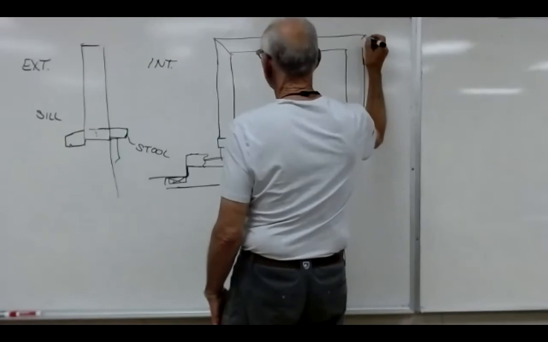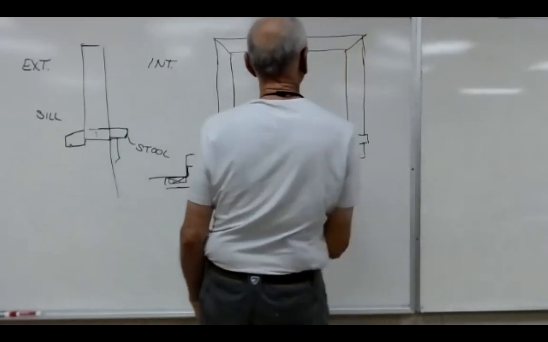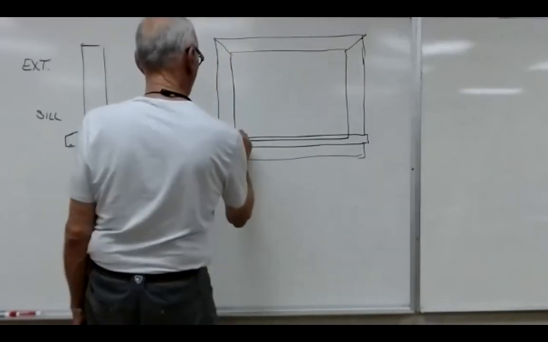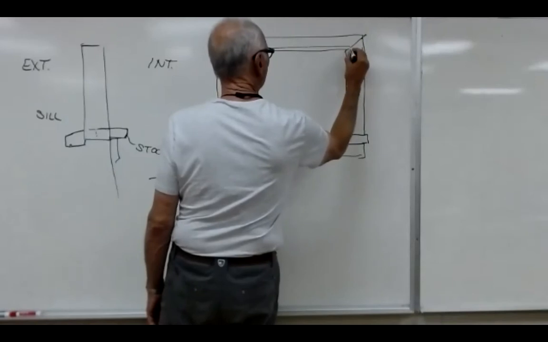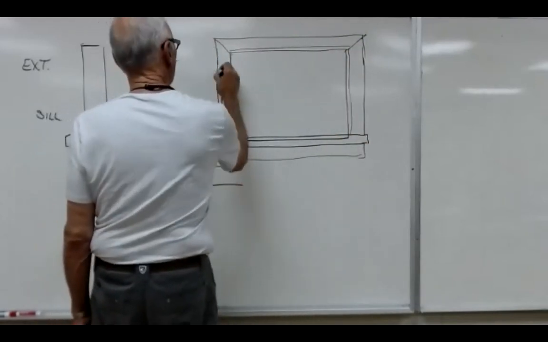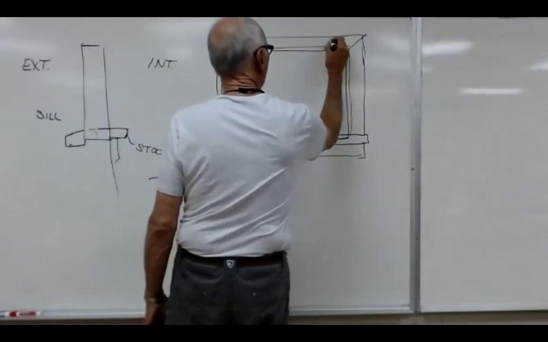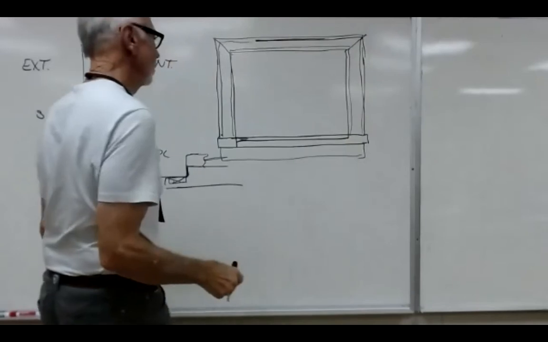That way you can run a profile around it. Because with any kind of profile trim, you can't butt it. It has to be mitered. The profiles don't allow it to butt.